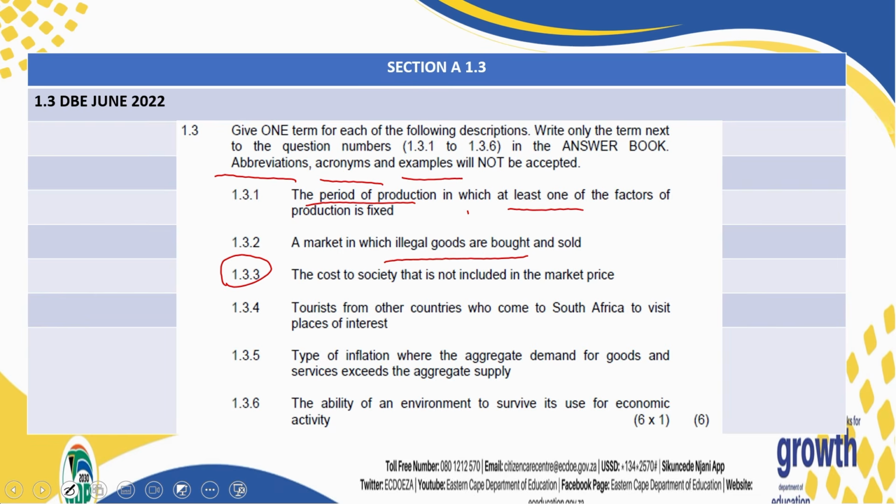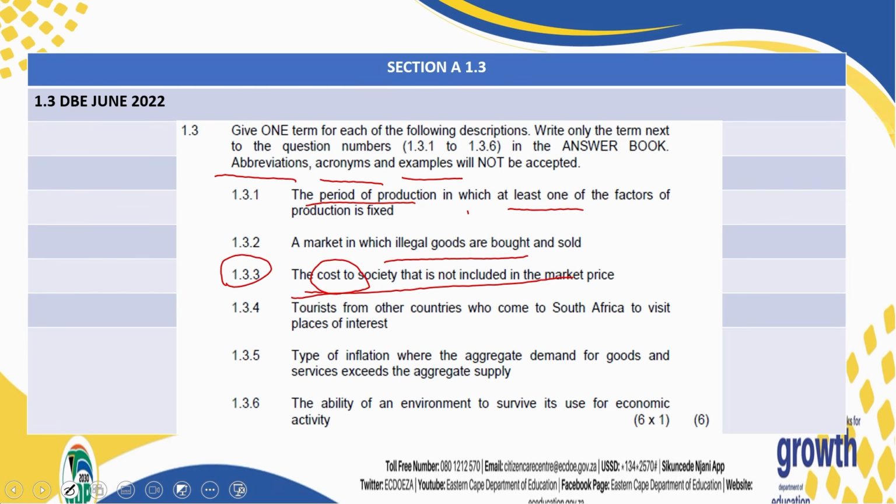But the answer here cannot be externalities, because externalities look at both costs and benefits. But this statement is only talking about the costs. So it should be an external cost, or it should be a negative externality, not externality. Most learners like to use externality, but remember, externality should have both costs and benefits.